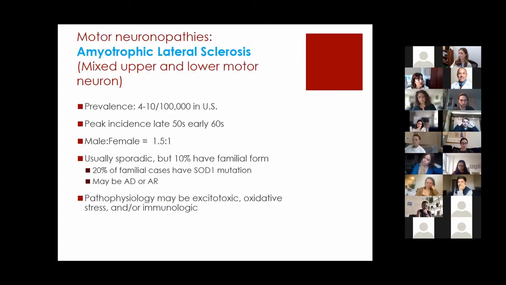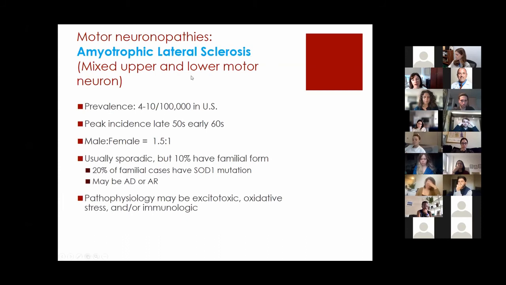And getting into different types of specific examples, we'll start with motor neuron disease. We'll start at the proximal end of the anatomy and work our way distally. So motor neuronopathies, and there is such a thing as sensory neuronopathies, although we probably don't see them as much on an inpatient basis.